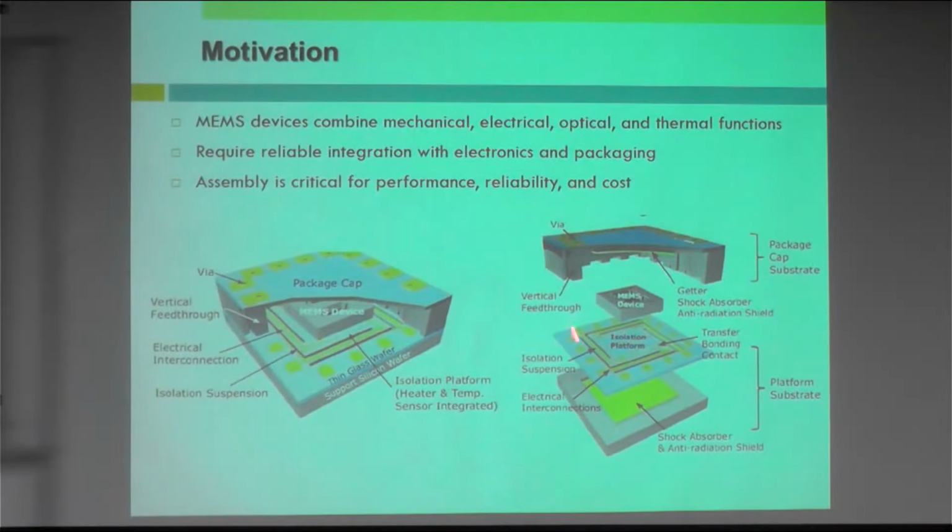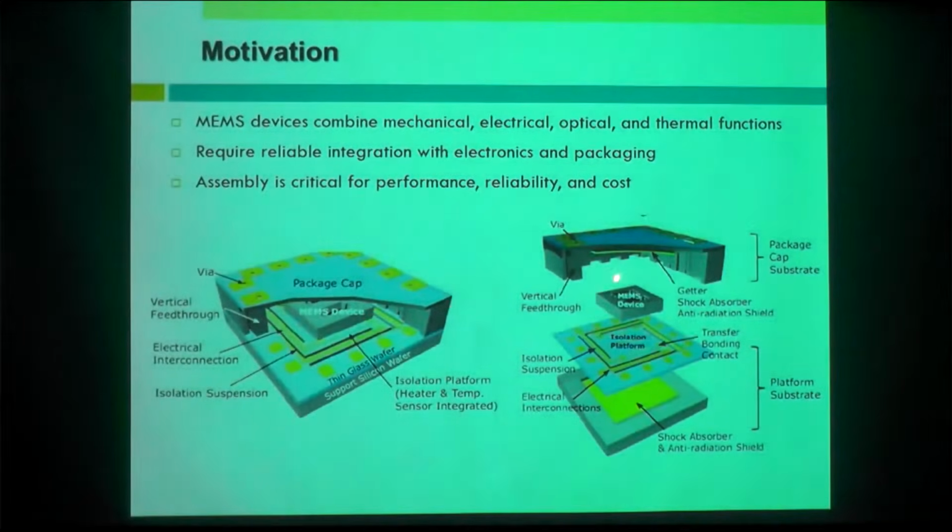In this figure, we can see a few components in the packaging. In this package, we have the MEMS device at the center, and we have a platform for the MEMS. Then in this package, you can see the shock absorber, to accommodate any impact to the device itself.